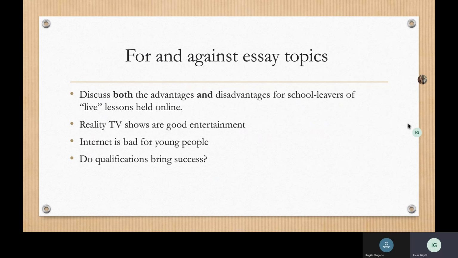Now, for and against essay topics may vary from things that you do not care about to really interesting matters such as politics, economics, and so on.